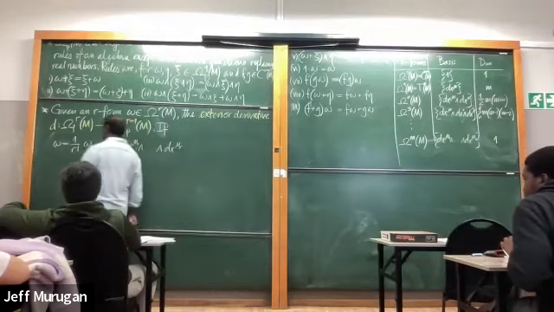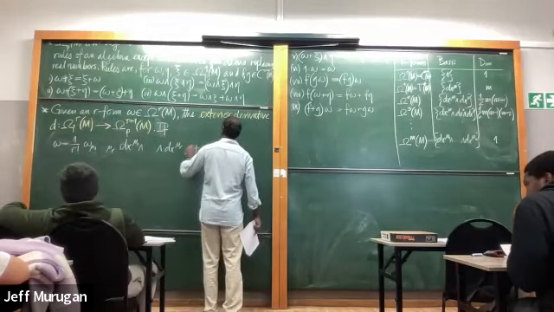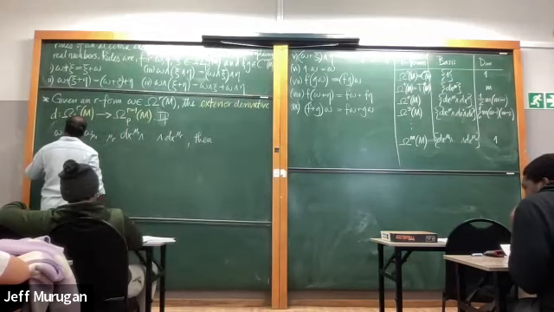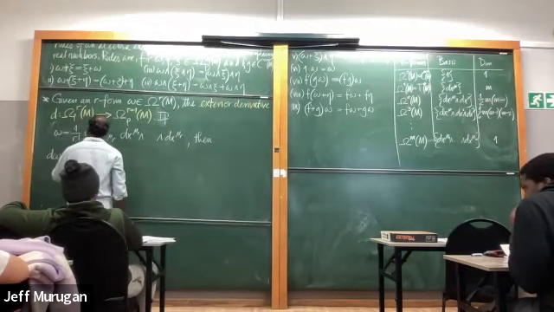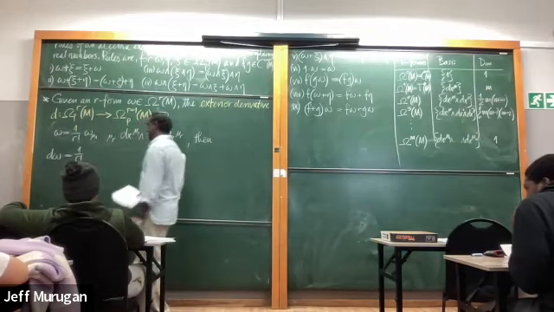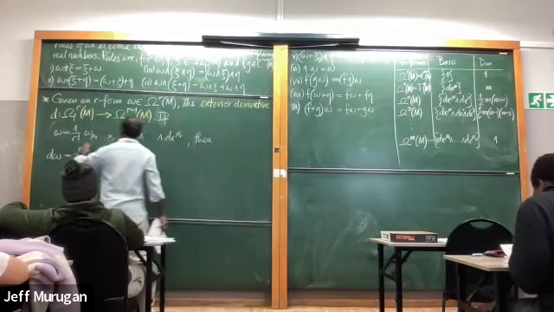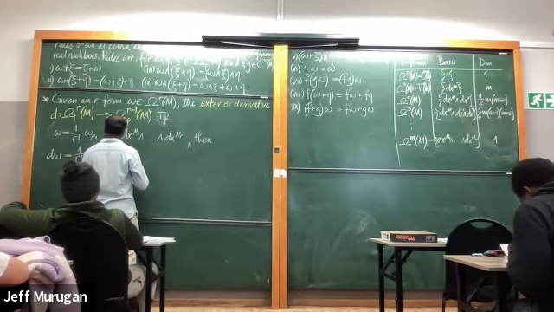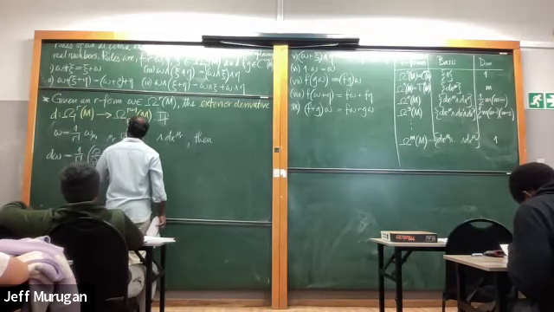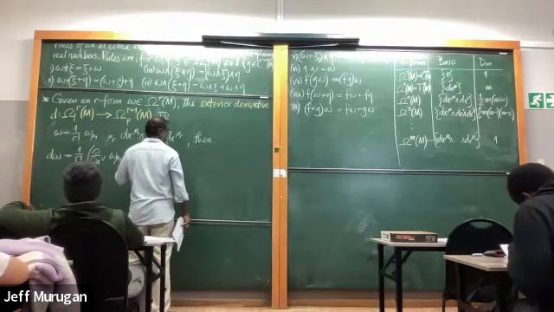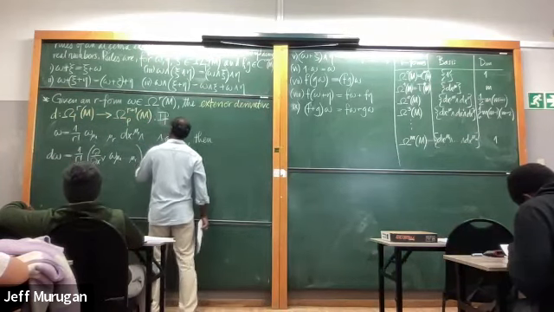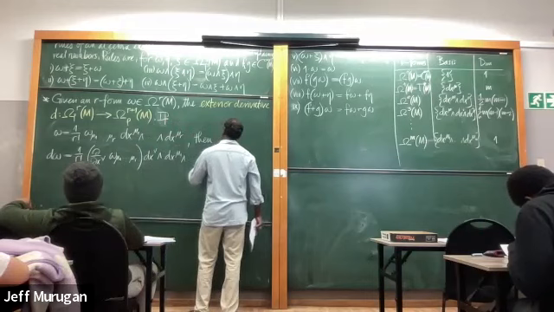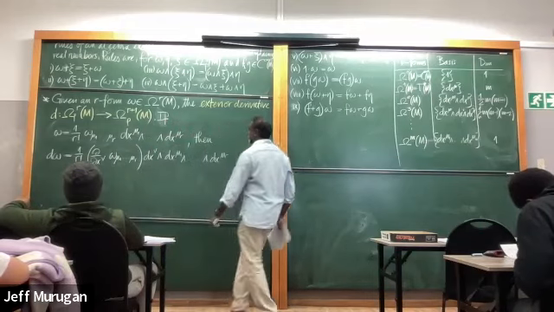Then the exterior derivative of omega, d omega, is 1 over r factorial, d by dx mu of omega mu1 to mu r, dx mu wedge dx mu1 through dx mu r.